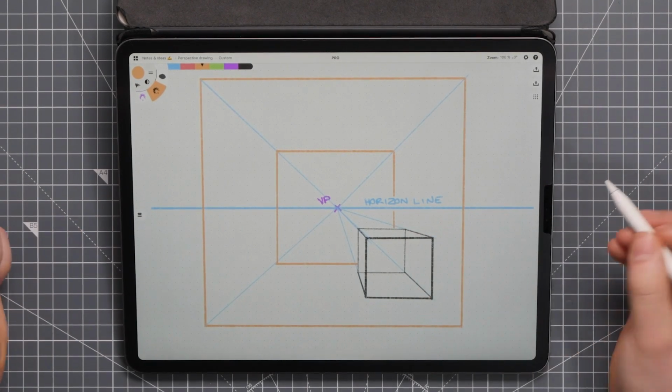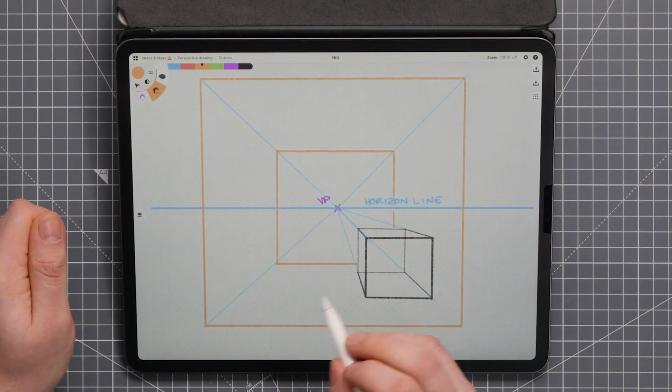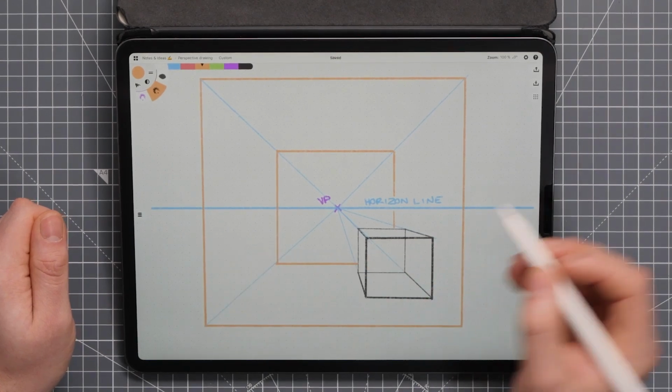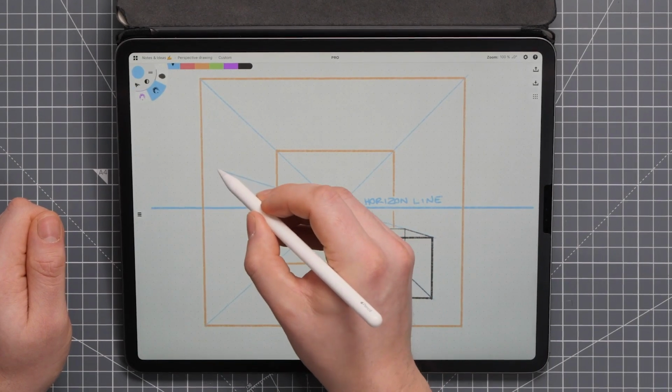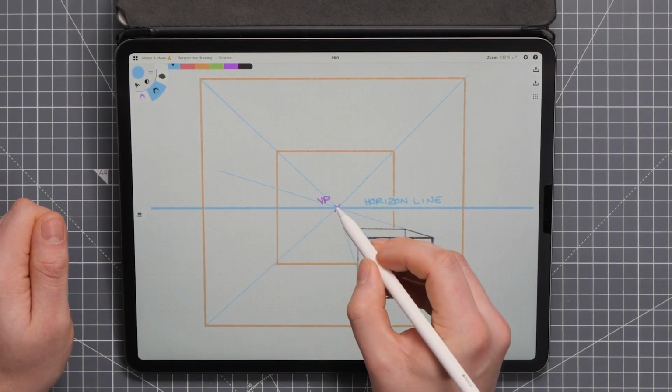When drawing things that are viewed at eye level, you want to place them on the horizon line. For example, I can imagine that a window on this wall could be roughly at eye level.